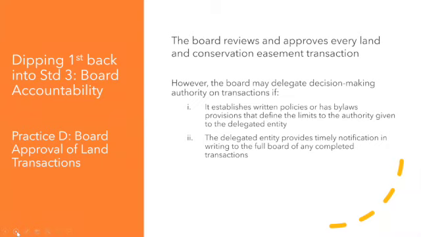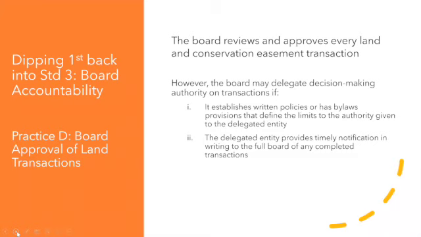You can recall from our governance session that the full board is ultimately responsible for overseeing the management and financial stability of the organization. And this includes being aware of new land protection projects, ensuring that proper due diligence has been completed, and ensuring that your organization is equipped to fulfill its stewardship responsibilities for the property before voting to accept that property's acquisition.